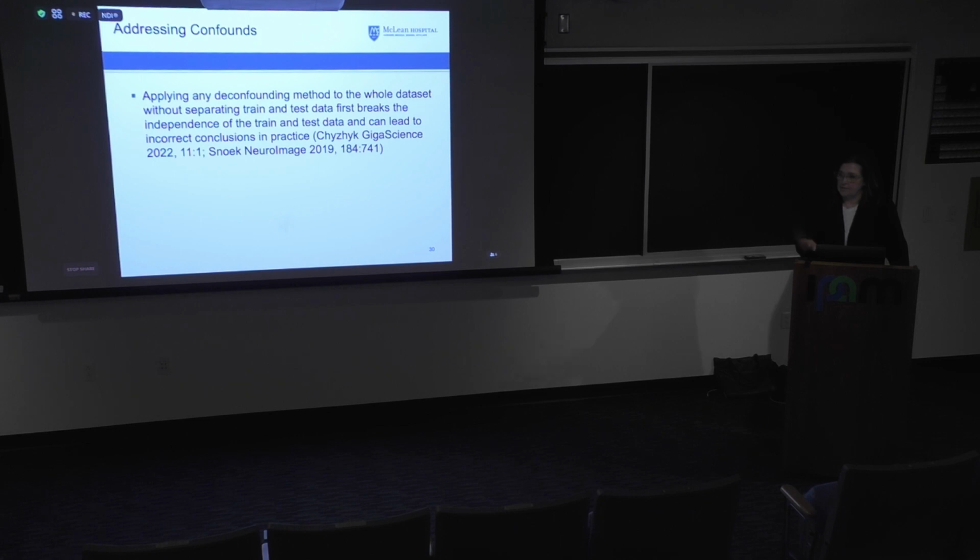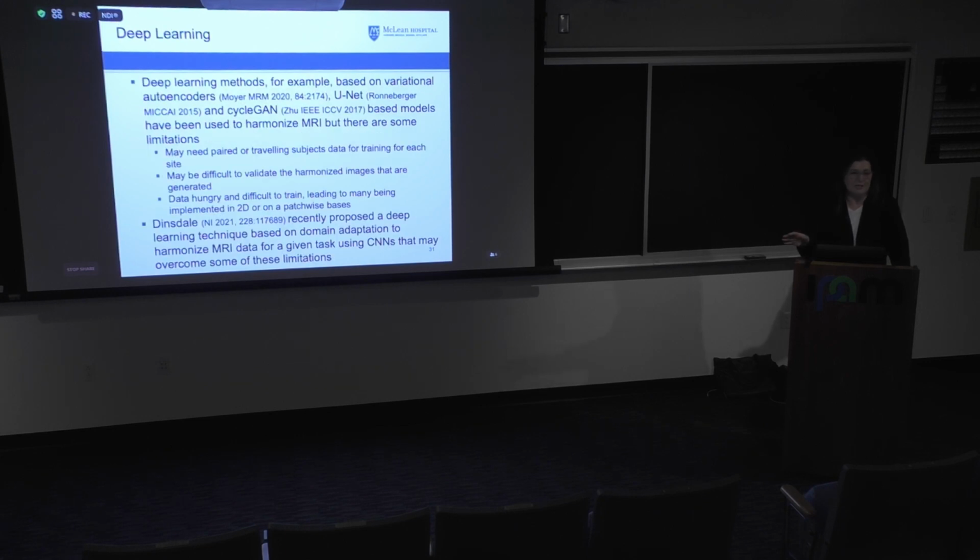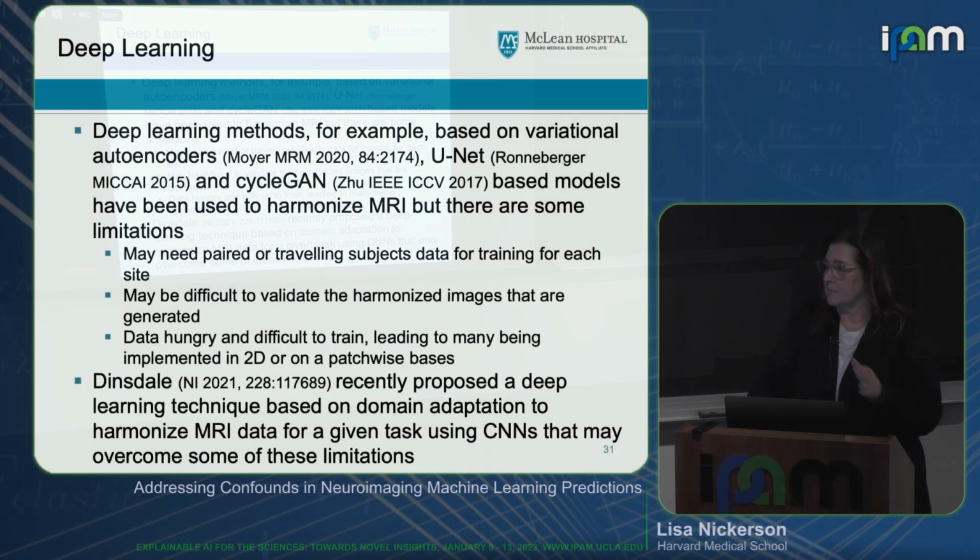Okay, so the very last slide is I'm going to show you some newer techniques for harmonization and deconfounding. Deep learning methods now are, this is sort of a really hot area of research, I think, for addressing this problem. So these are just a few publications.